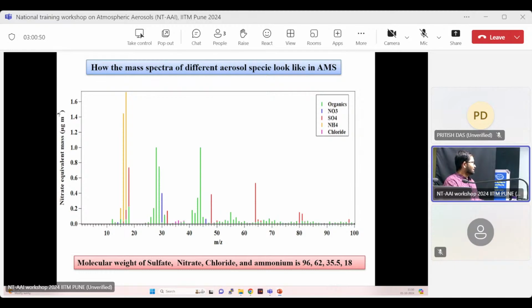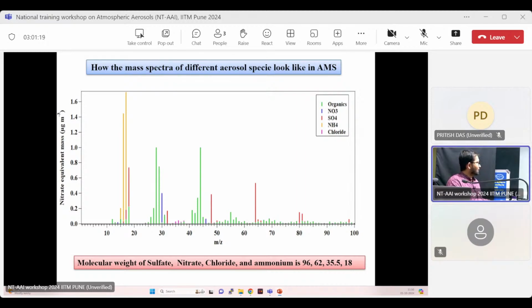When these sulfate aerosols are subjected to the vaporizer, then ionization and detection, it will give mass fraction peaks at m/z 98, 81, 80. 80 is for SO3+, 64 is for SO2+, 48 is for SO+, and 32 is for S+. So this many fragmentations happen because of the hard impact ionization.